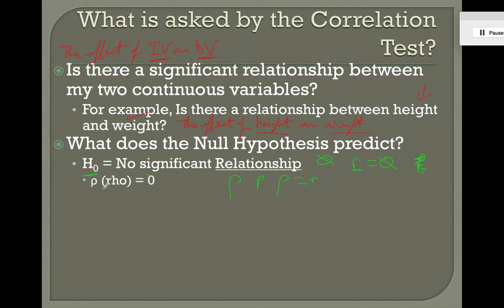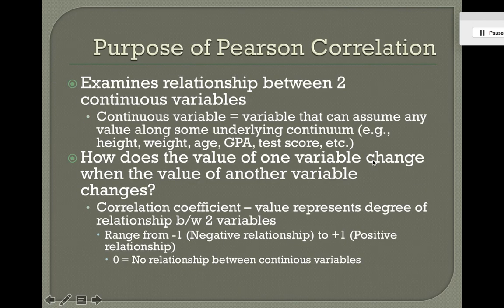So here, I'm going to state my null hypothesis in terms of population parameters. In this particular case, I'm going to state it with the population parameter of rho. And again, rho is spelled R-H-O. So rho is going to be equal to 0. Because if you remember, an r value equal to 0 signified no relationship. So if we look back on our previous slide, remember 0 indicated no relationship between my continuous variables.